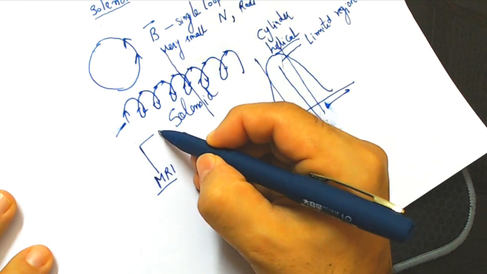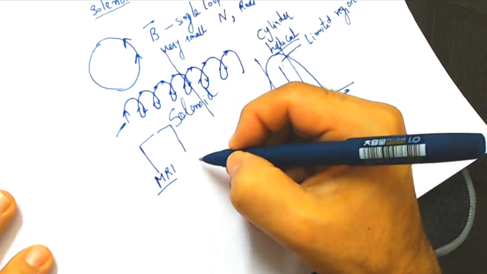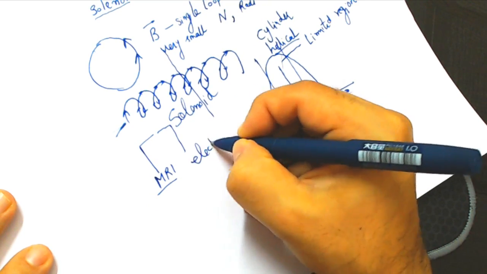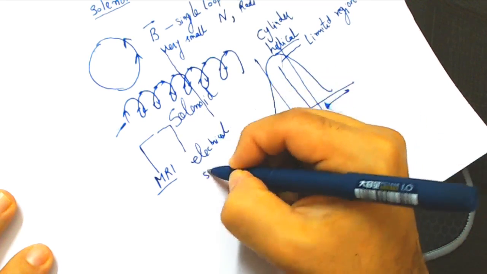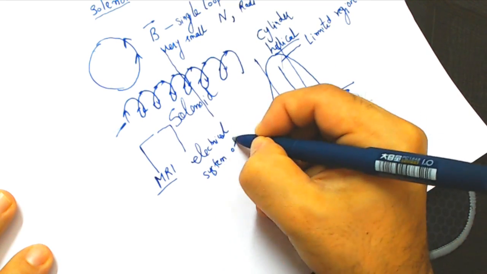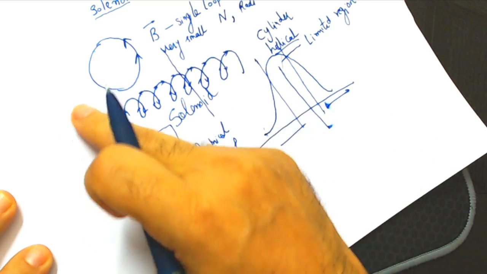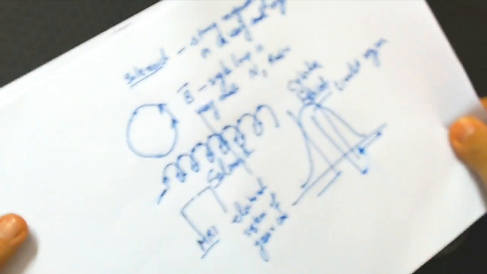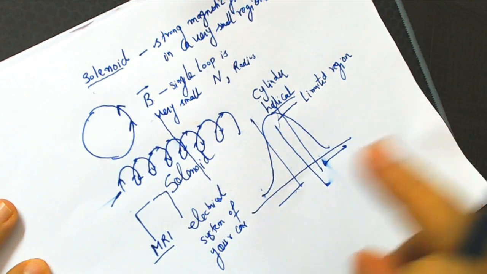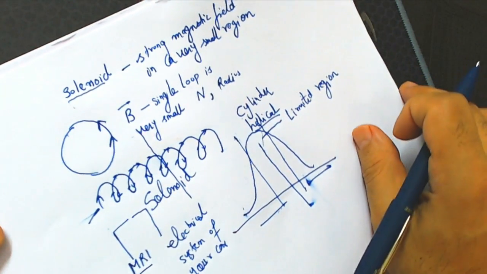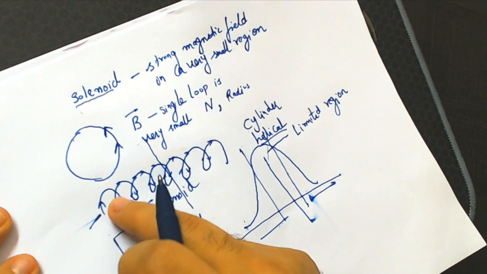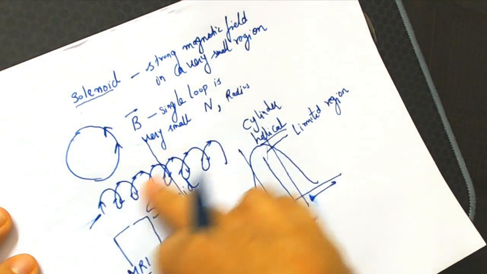And if you see your car or a vehicle, the electrical system of your car is also based on the concept of the solenoid. So this structure, the way you organize these loops, is a helical structure.